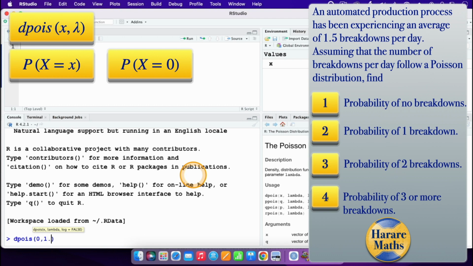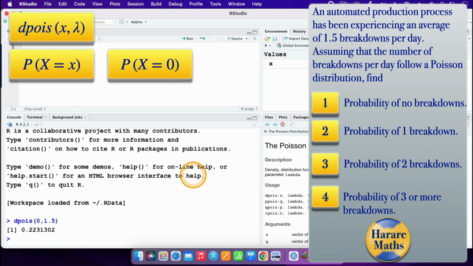So we have 1.5. So that's dPois, and it will calculate the probability that x is equal to 0. And it will give us the value 0.2231302.